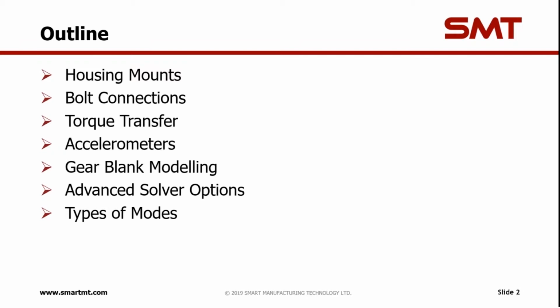And then finally, I'm going to explain the different modes that are reported in FE mode in MASTA and explain the difference between the different ones that you can see. And after that, if we've got time, I'll just tell you a few of the future developments that we're going to be working on in terms of the FE functionality in MASTA in the future.